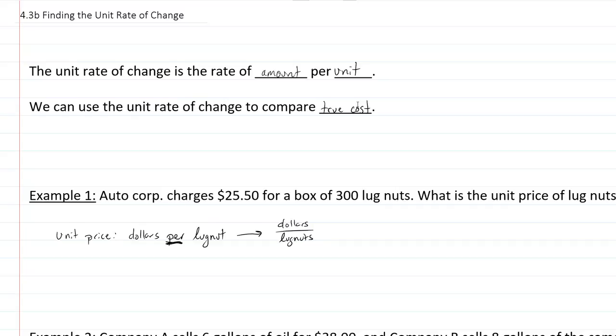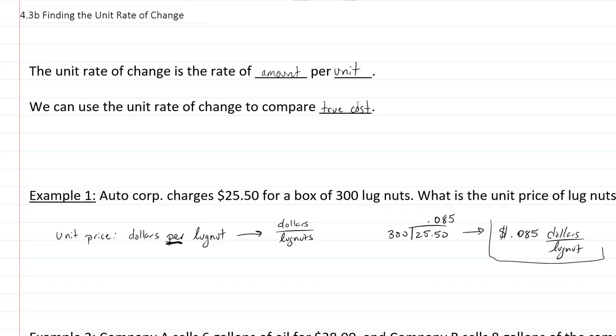So let's do this. We divide $25.50 by 300 lug nuts. This ends up in an answer of 0.085, or 8.5 cents per lug nut. So this leads to 0.085 dollars per lug nut.